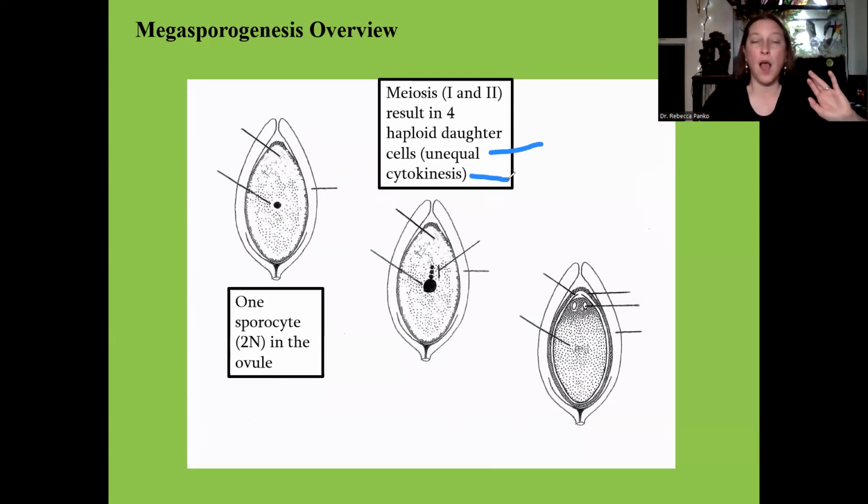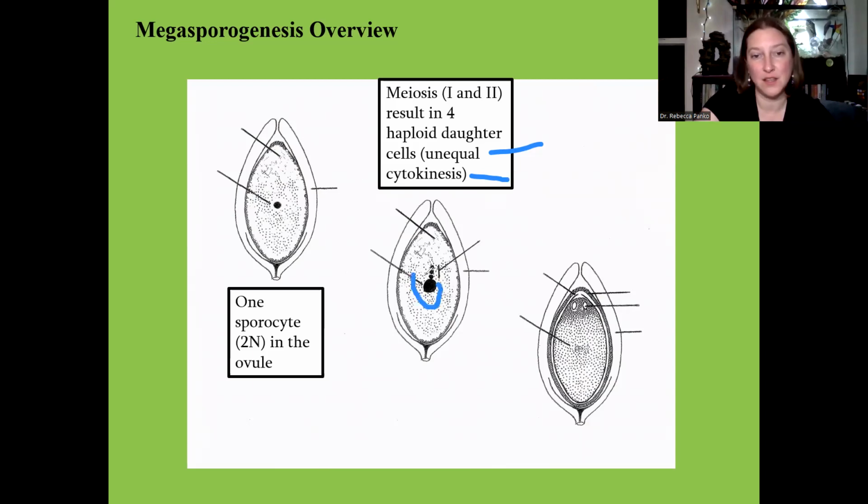So when meiosis occurs in this spore mother cell or megasporocyte or megaspore mother cell, same things, and cytokinesis follows, not all of the products are going to be distributed equally, right?